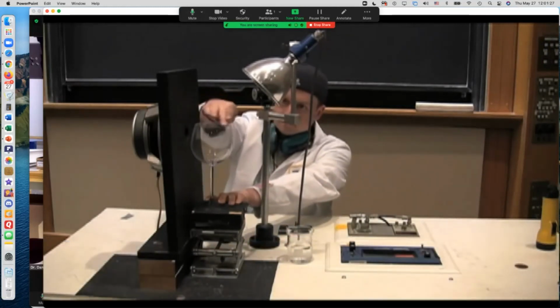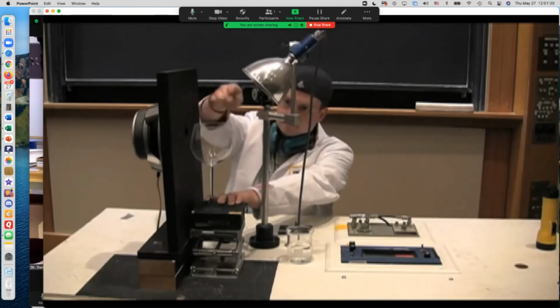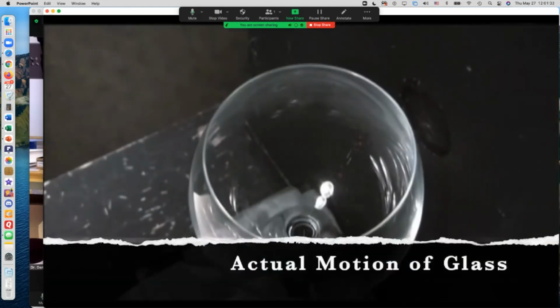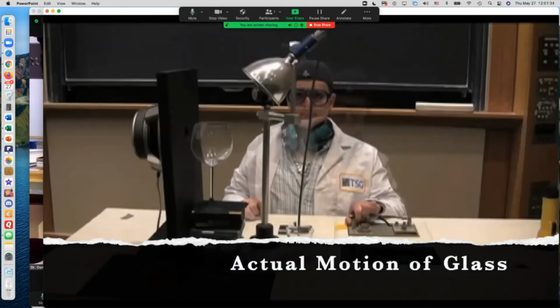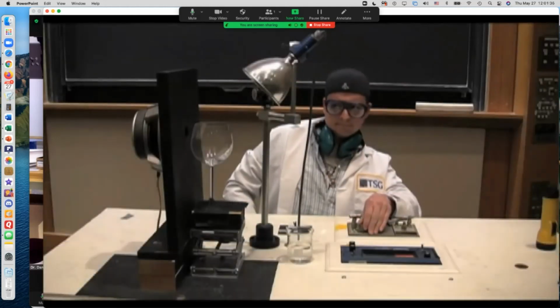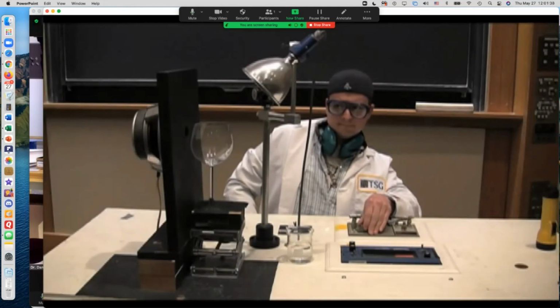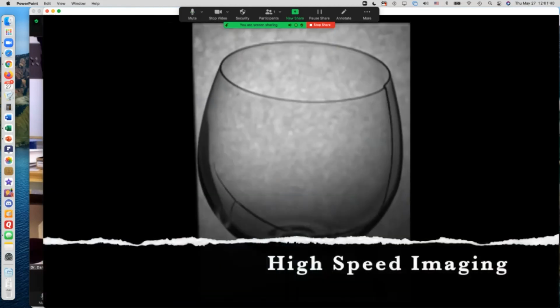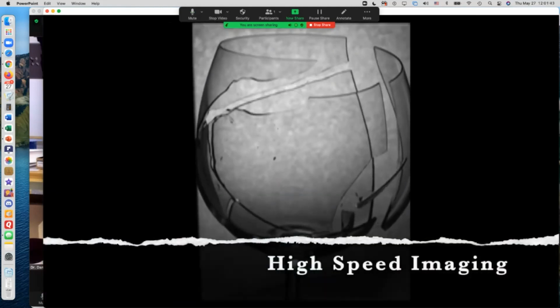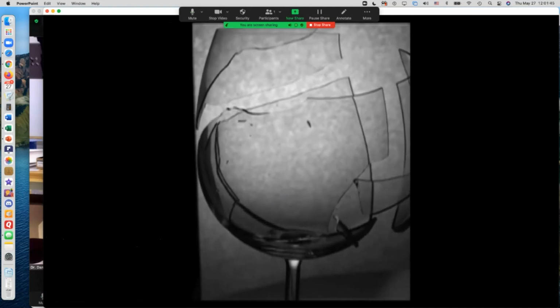Now you can hear the resonant frequency of the glass. So he chooses that. Now look at that actual mode. Pretty dramatic.